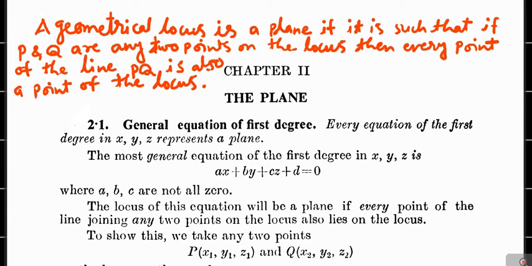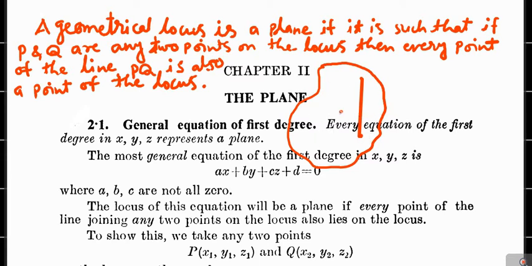Diagrammatically, we will see what a plane means. Suppose we have a geometrical locus as such. This will be a plane if we take any two points from this locus, and the line joining those two points always lies in this locus. If we consider the points P and Q as such, then the line joining P and Q obviously lies completely in this locus.